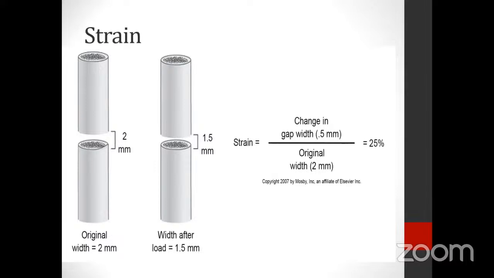So in this model, we describe the strain as 25%. So the size of the fracture gap has changed by 25%. And this is a very important piece of information in understanding the types of healing that we'll have in our body. Next, please.